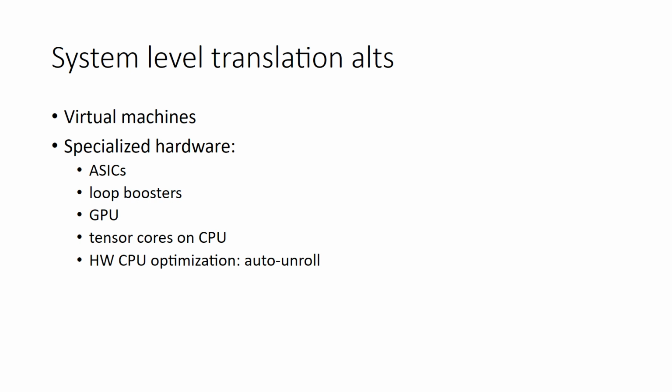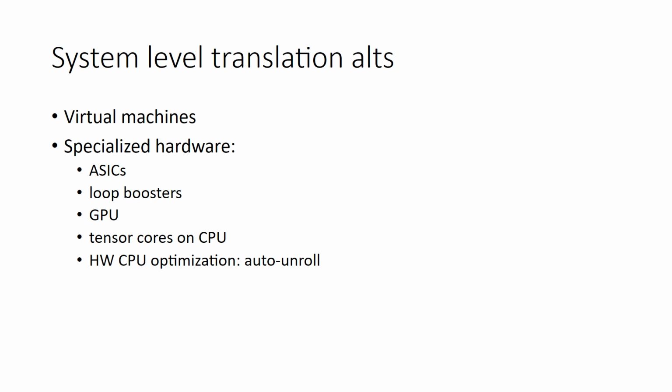Also, the alternative is to have loop boosters, or actually similar ideas with different points. So, for example, we have a general purpose architecture like x86 or ARM, but we know that there are some codes which are not optimal for this general purpose. We want for those very important codes to have something faster, and the loop booster is a specific piece of hardware capable of running loops faster.